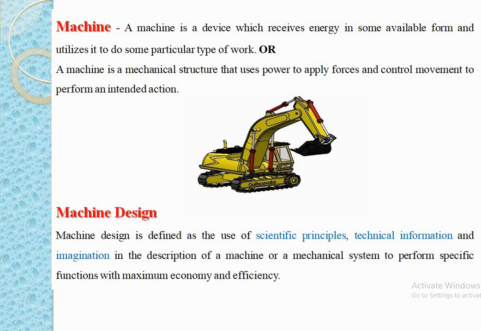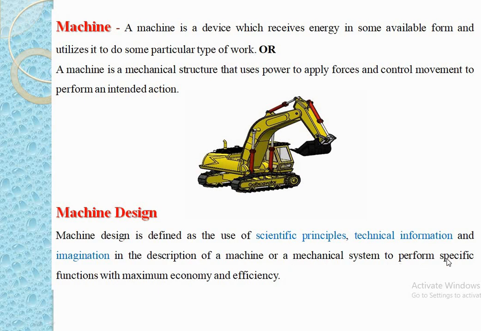So before actually designing any component, the basic idea starts with imagination, the available technical information, and the intention of what is going to be designed. For this, it uses scientific principles to perform a specific function with maximum economy and efficiency. That is the most important.